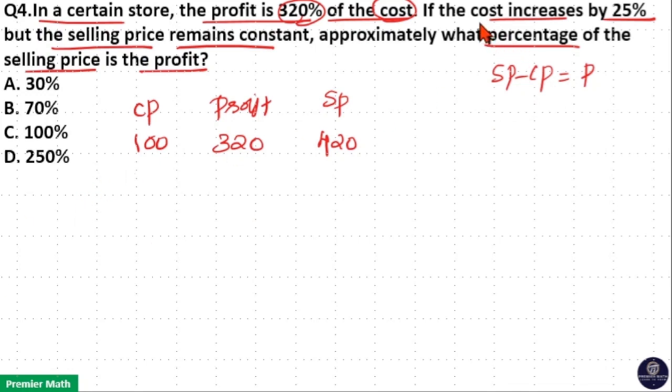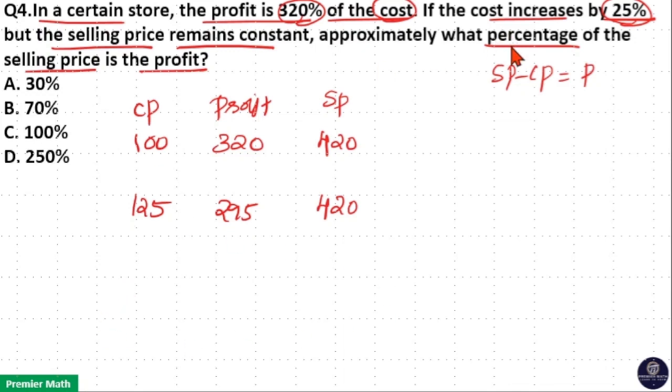Now the cost increases by 25%. That is 100 plus 25, 125. And the selling price remains constant. That is selling price remains constant means 420 itself. Now if cost increases by 25%, profit is equal to 320 minus 25, that is 295. Or you can subtract 125 from 420. 420 minus 125 is equal to 295.